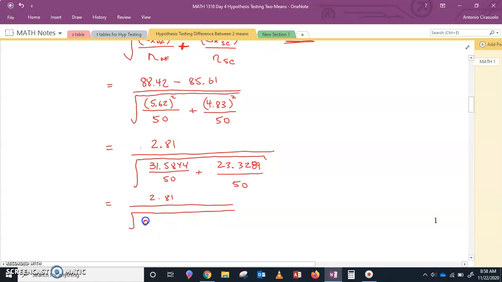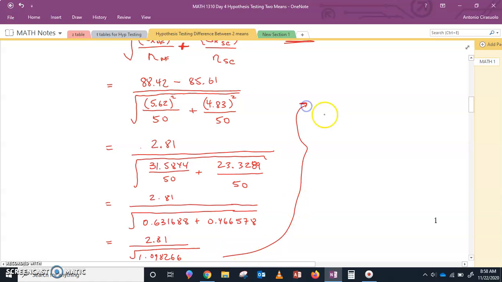So that gives me 0.631688 plus 0.466578, which in the end gives us 2.81 divided by the square root of 1.098266.